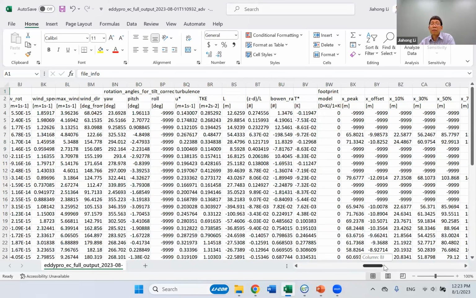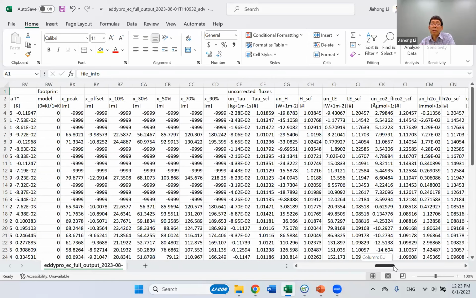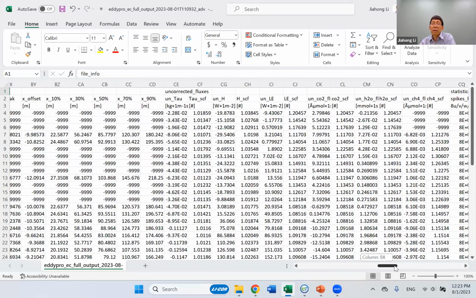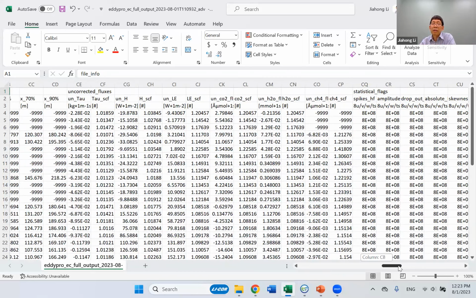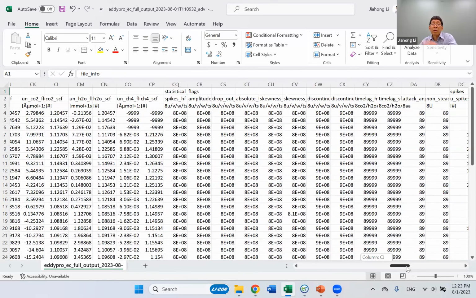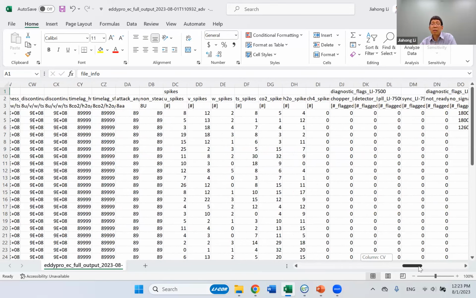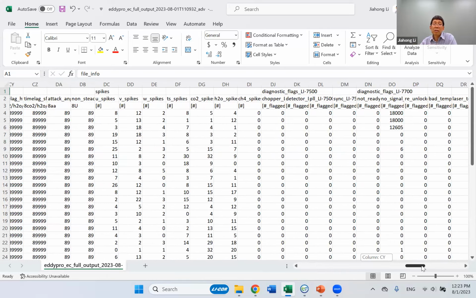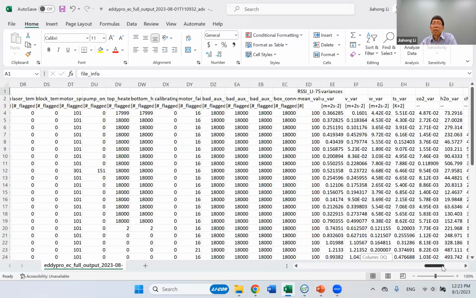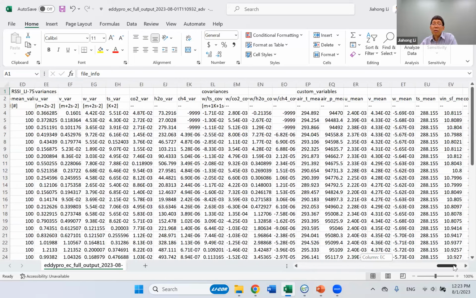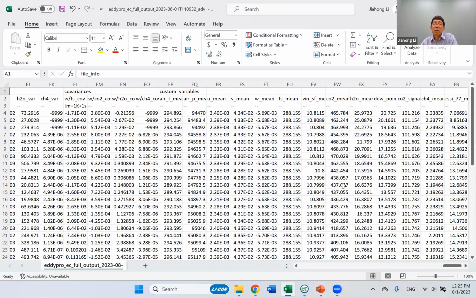And the footprint, we talked about it. The uncorrected flux, we said in the middle of calculation. The flags, the spikes, we talked about them. Diagnostics from the instrument, covariance, and other parameters.